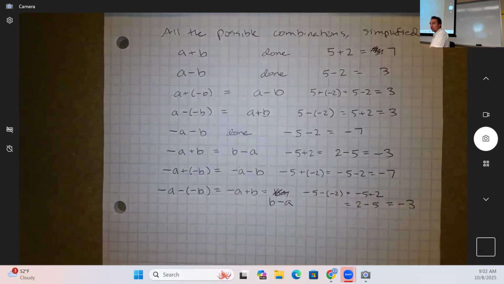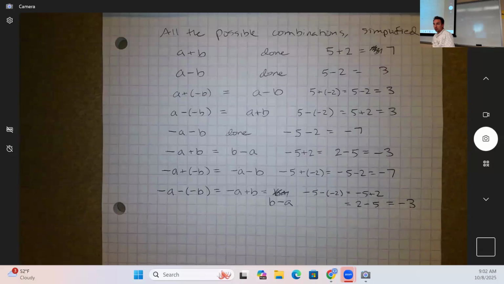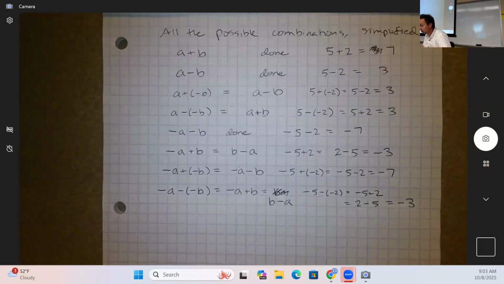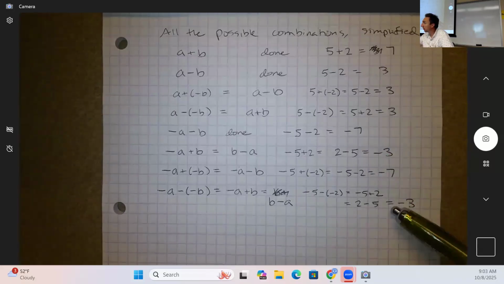So you see there's a lot of possible combinations. And depending on how familiar you are with these, you can just kind of process through it numerically or symbolically, or you can use the number line as well.